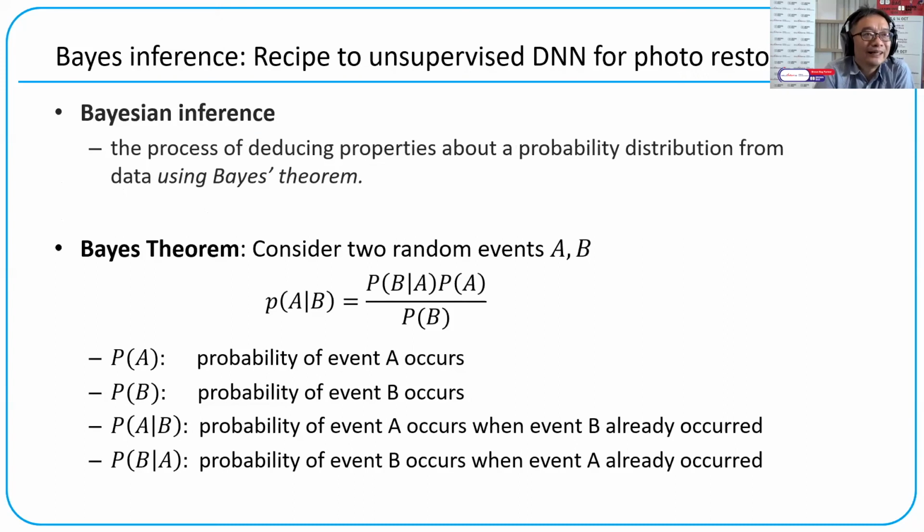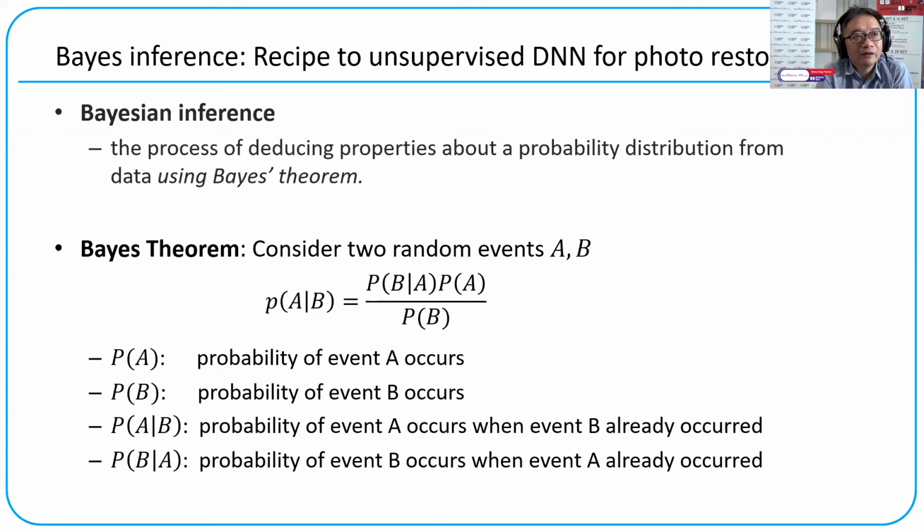Unsupervised deep learning is a bit more challenging, and you require some advanced knowledge in statistics. Here I will go very briefly over statistics, especially Bayesian inference. If you feel it's too overwhelming, you can just omit it.